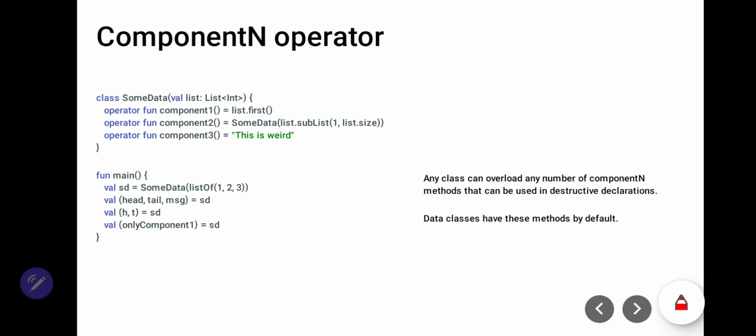Do you know the operator fun componentN? You can see in here componentN, it means N can be 1, 2, 3 and so on. It is used for destructuring declaration.